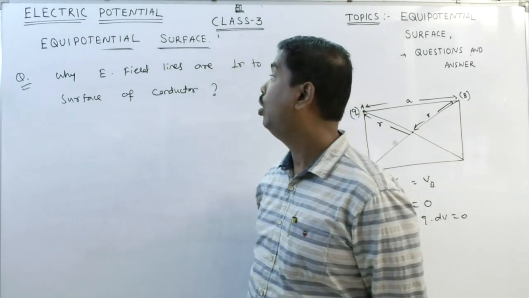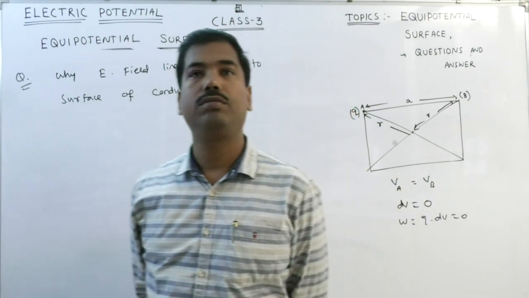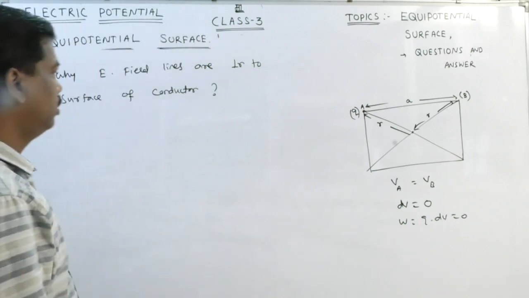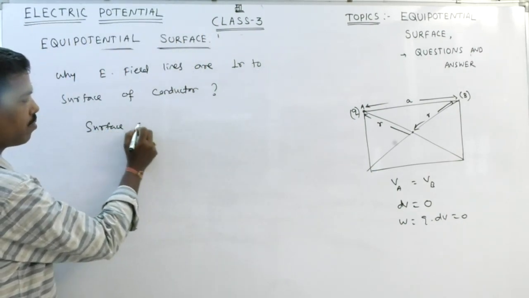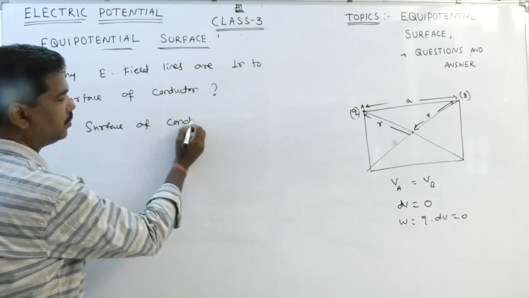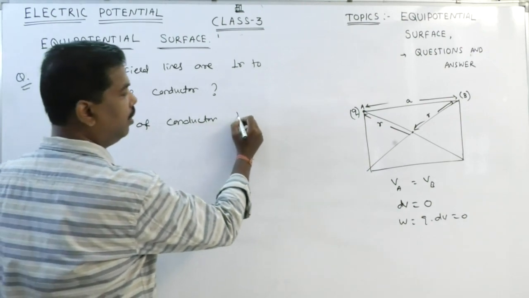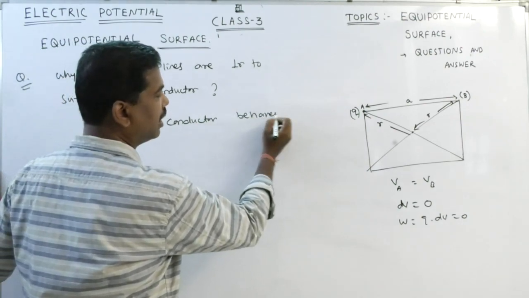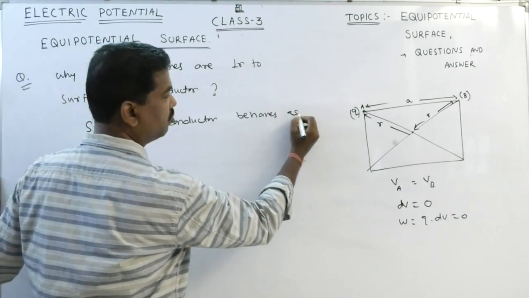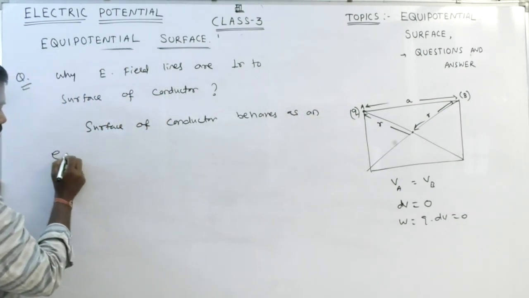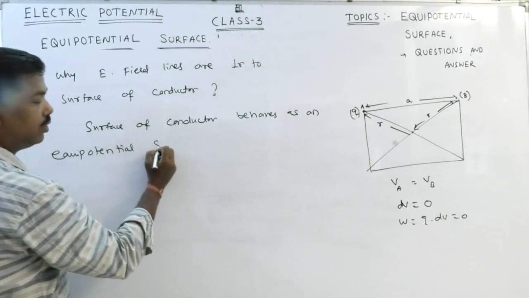Now the question arises, why are electric field lines perpendicular to the surface of the conductor? Clear? The surface of the conductor behaves as an equipotential surface.